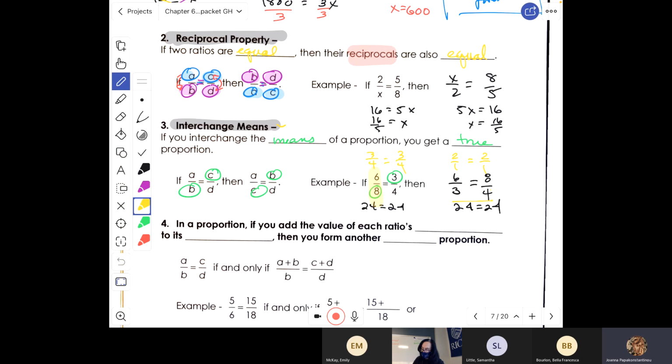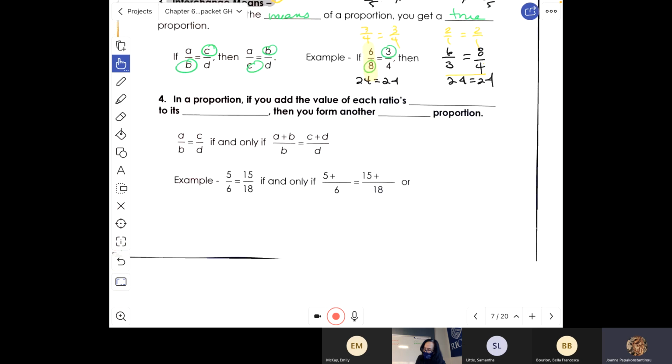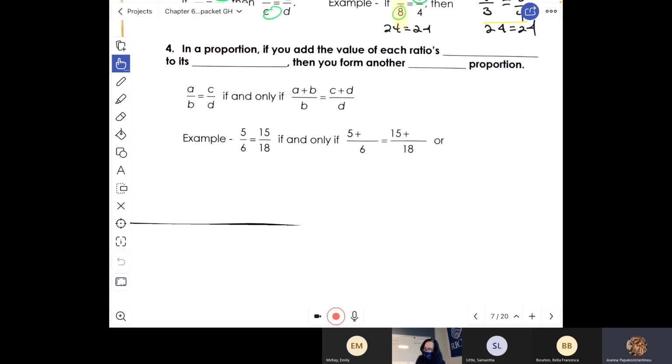Okay, interchanging means. Now, the fourth thing that we want to take into consideration, and remember when working with proportions, is in a proportion, if you add the value of each ratio's denominator to its numerator, then you form another true proportion.